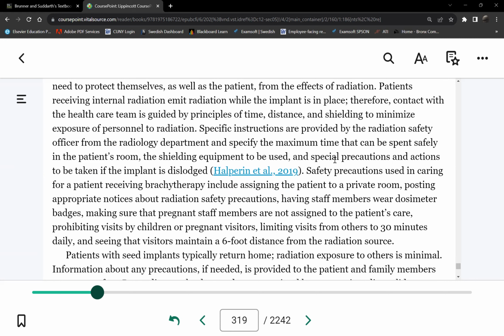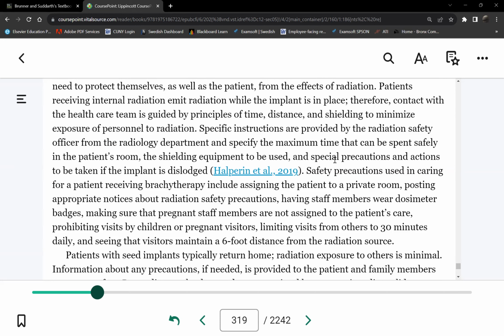So the patient ingested the radioactive isotope. There's no covering on it, obviously, because they either swallowed it or it was injected inside their body. So does it enter body fluids now? Yes.